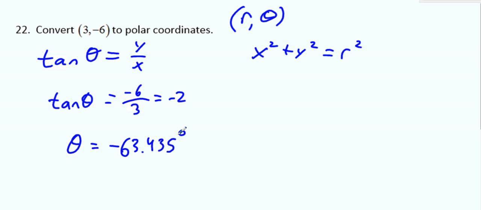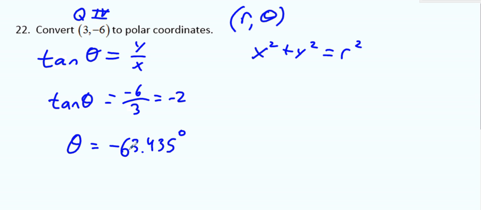Now, that's not useful in that form because we don't want a negative angle. We want a positive angle that has the same spot as that. So first, think about where we are. This point would go 3 units to the right and down 6, which means we're in quadrant 4.